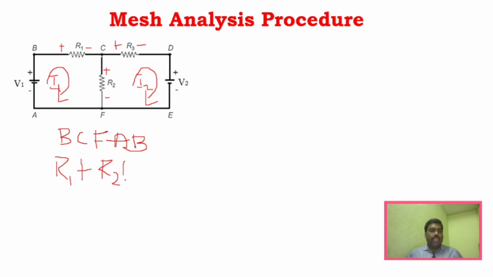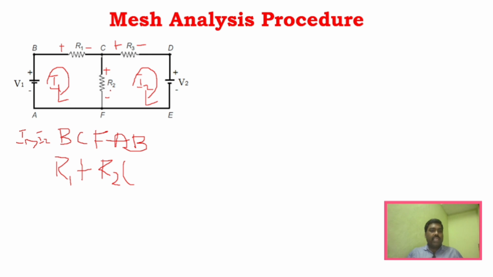In this mesh, this resistor has both I1 and I2. Always consider I1 as greater than I2. Similarly, if you write for I2 and I3, always consider I2 as greater, right? Follow the same procedure for all the problems, right?